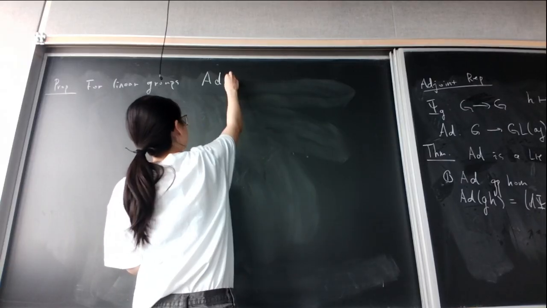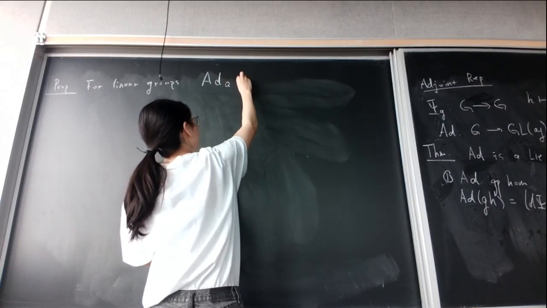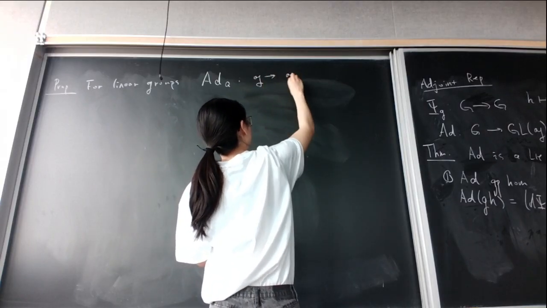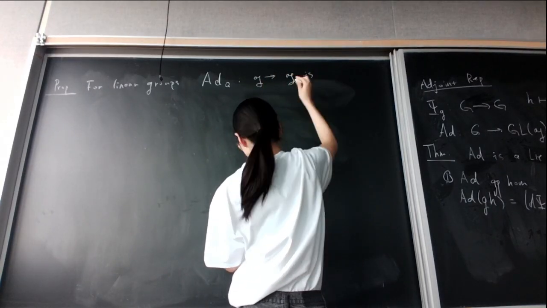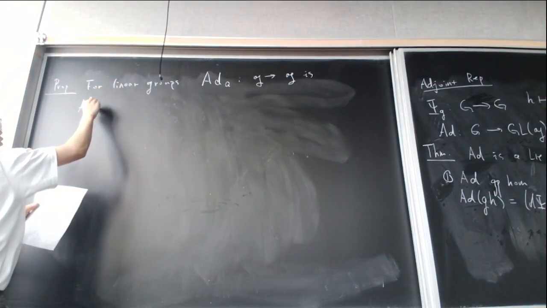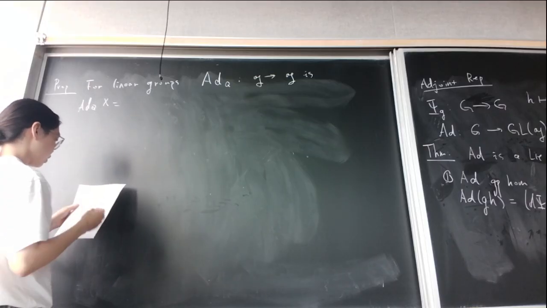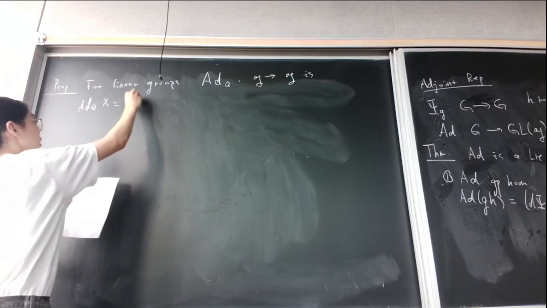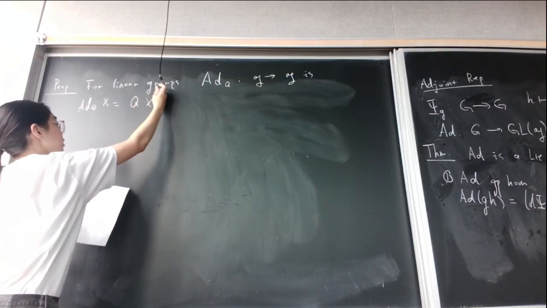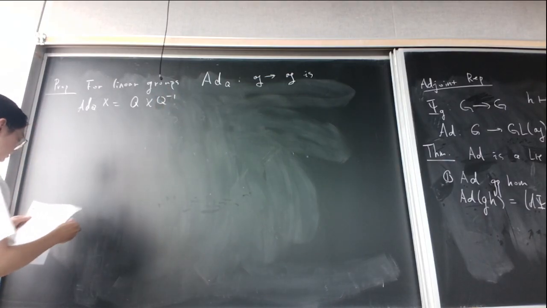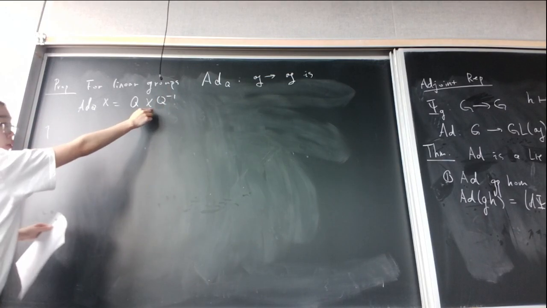The adjoint map at q, from the Lie algebra to the Lie algebra, is just you conjugate x by q, and this is matrix multiplication.